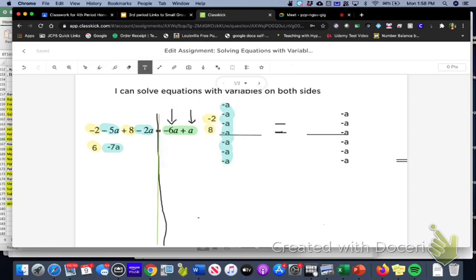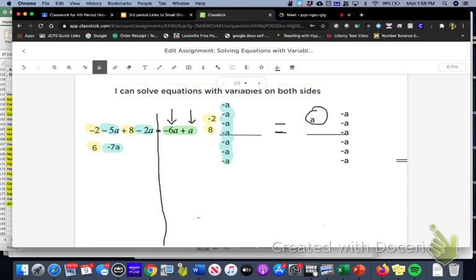So I'm going to put a positive a over here on the right hand side of my equal sign. And let's see if there's anything that we can do to combine those. We can, since those are like terms as well, and because they're on the same side.